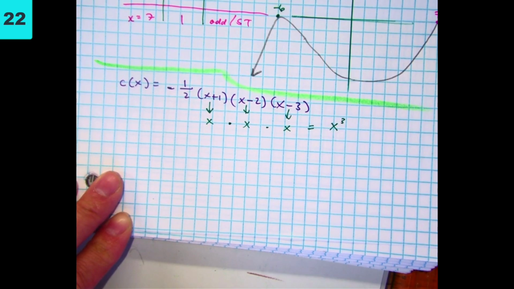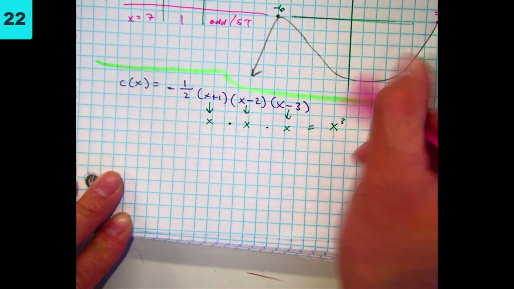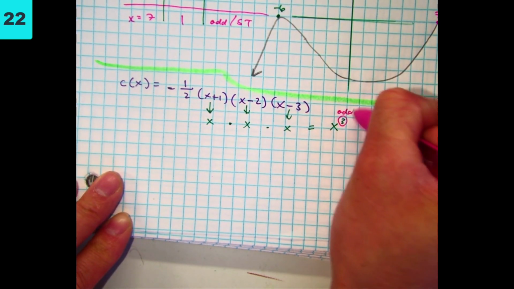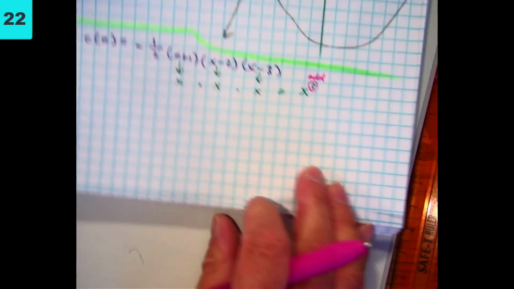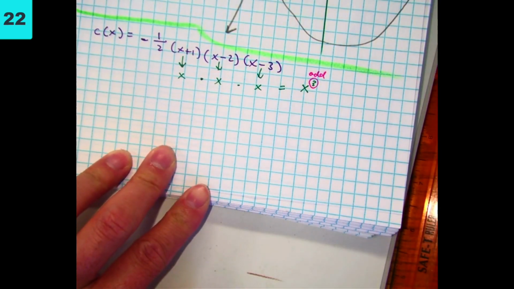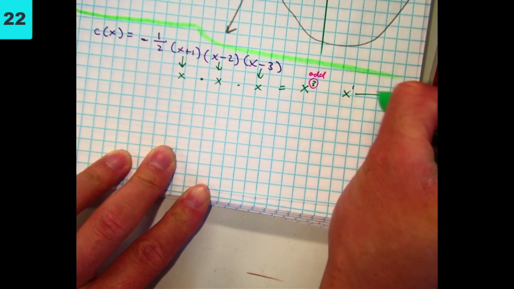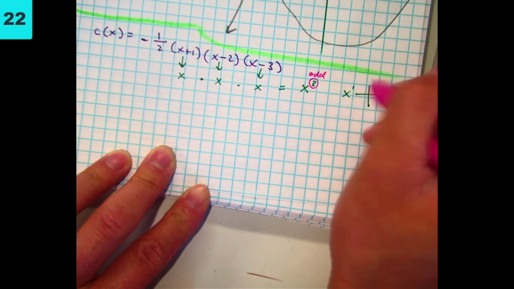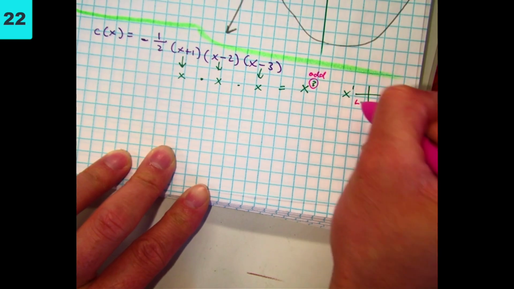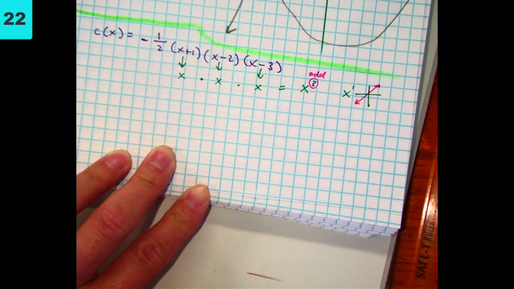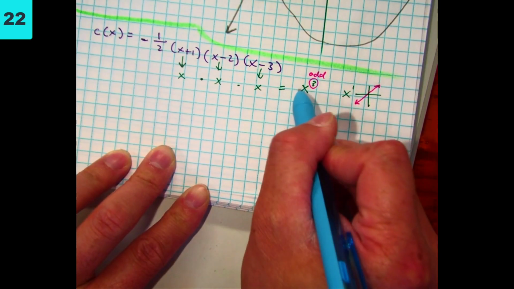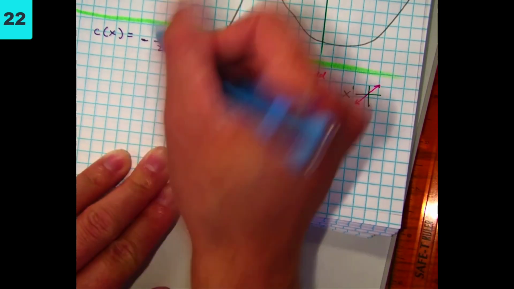Class, is that odd or even? This is an odd number. Class, what's the easiest odd number you know? X to the first. Draw yourself a quick graph. And you'll start down and up. But this problem says the negative.